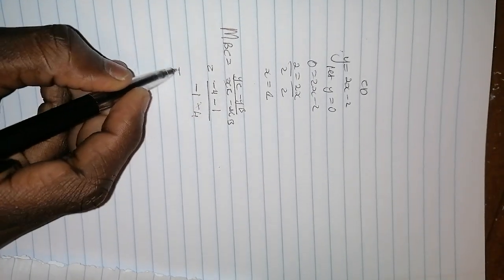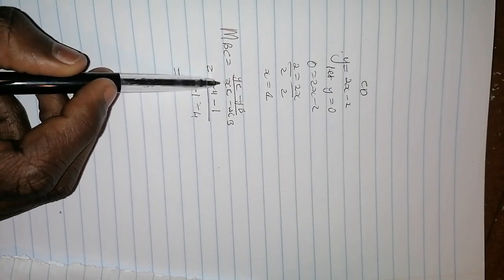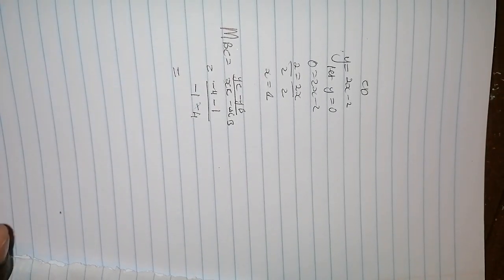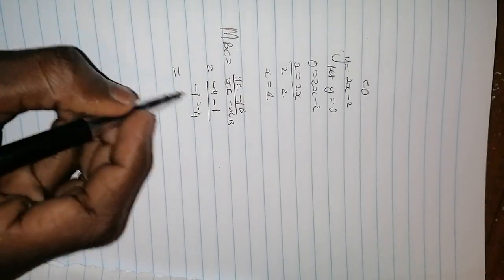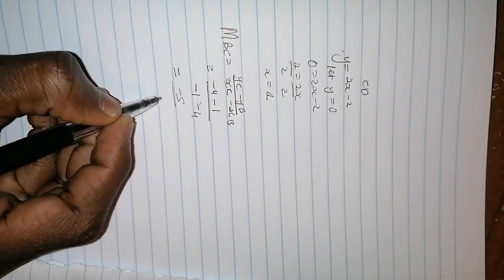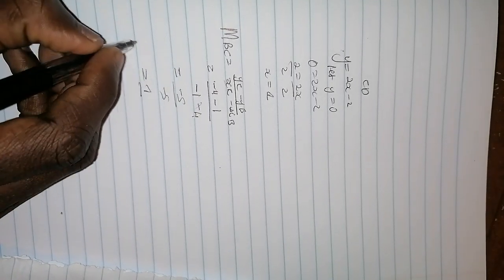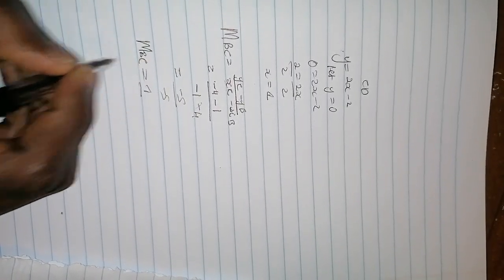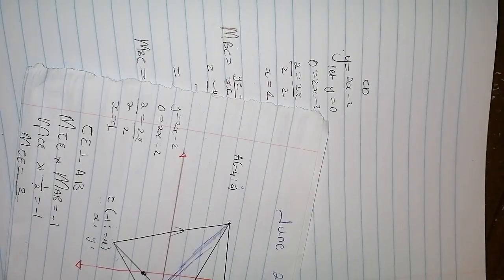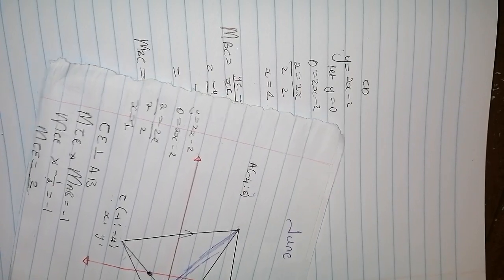So minus 4 minus minus 1 is minus 3, and minus 1 minus minus 4 is 3. We get 1. So the gradient for BC is 1.